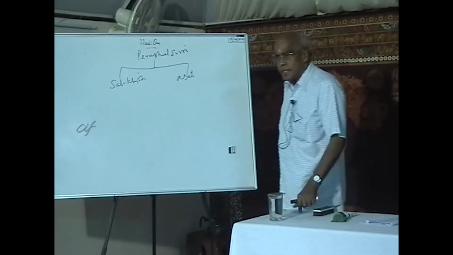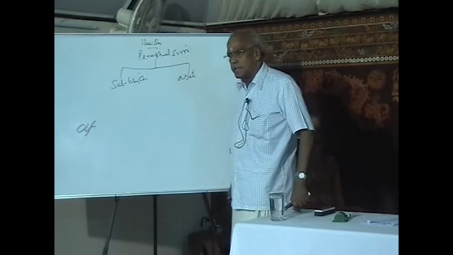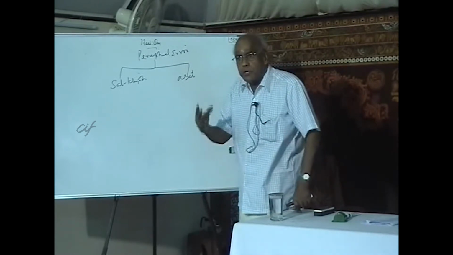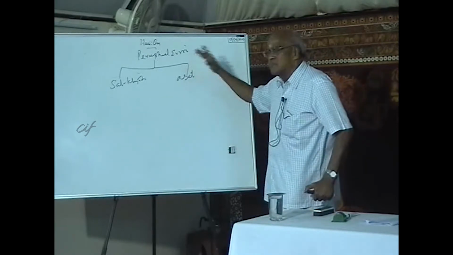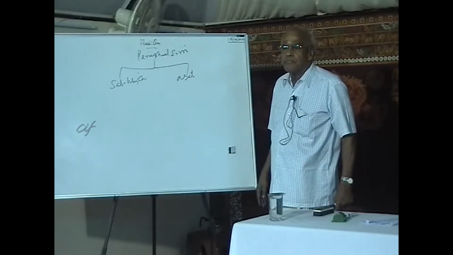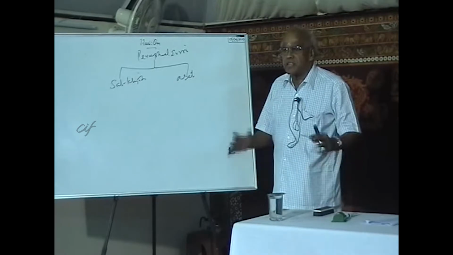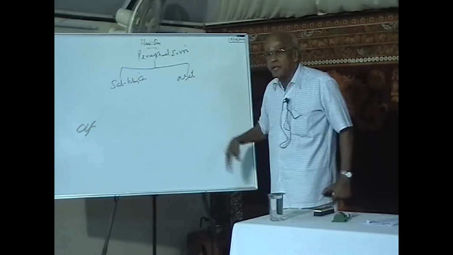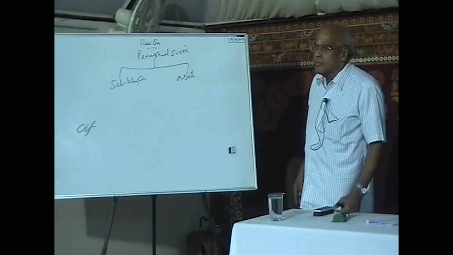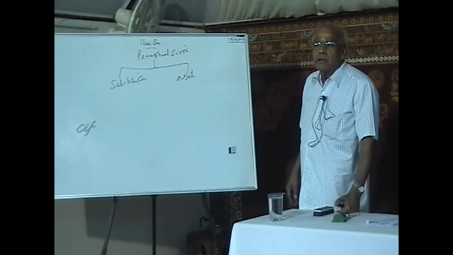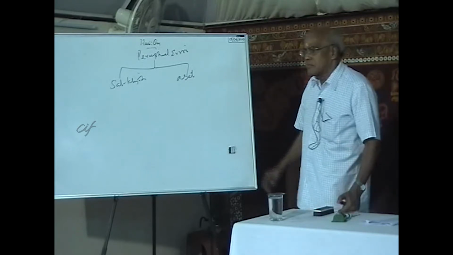The Sunyavadin, the Madhyamika philosopher, holds the view that every object is Asat. There is no object which is Sat. Every object, according to him, is Asat. No object really exists.